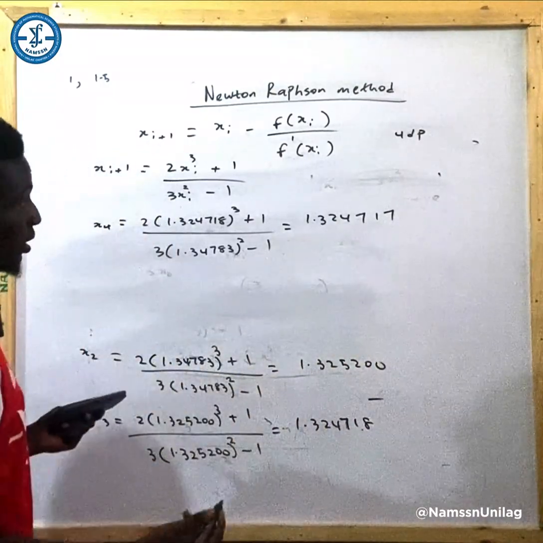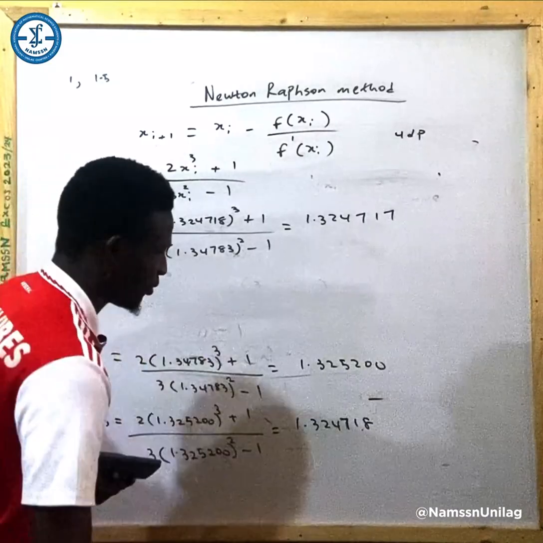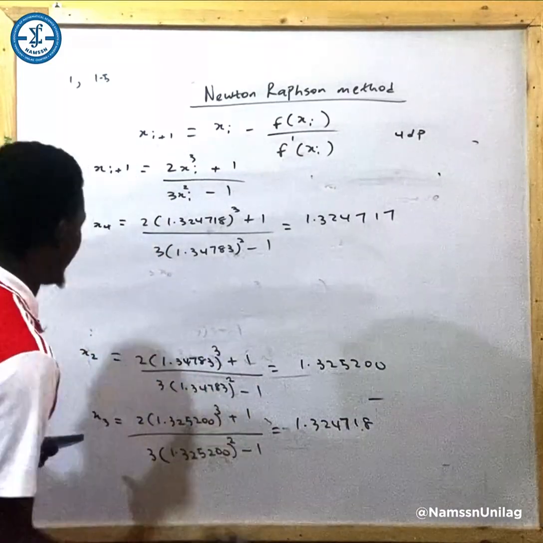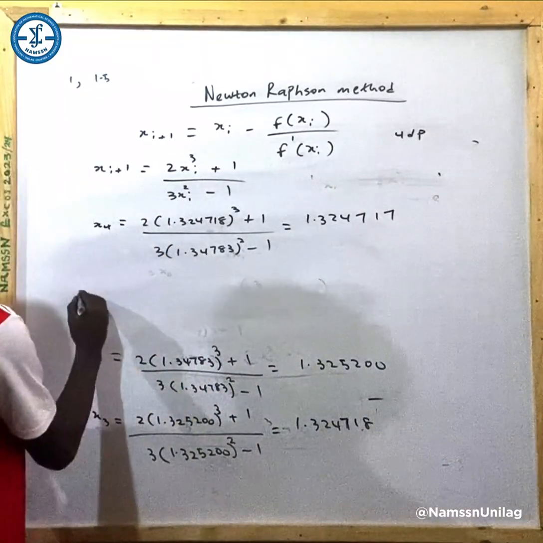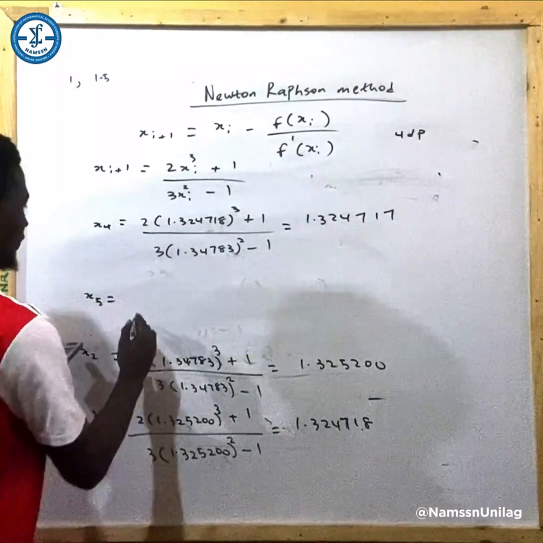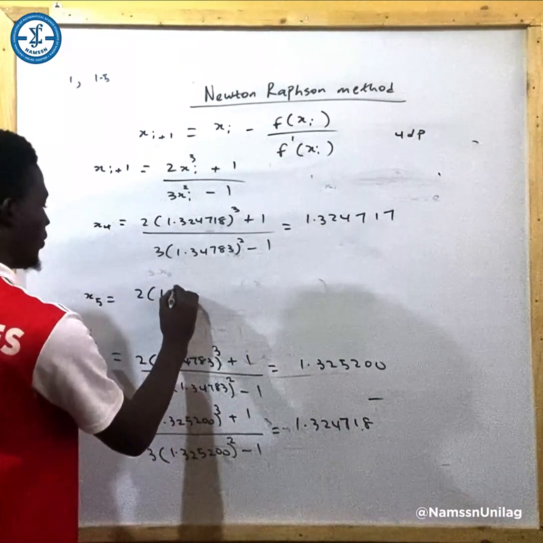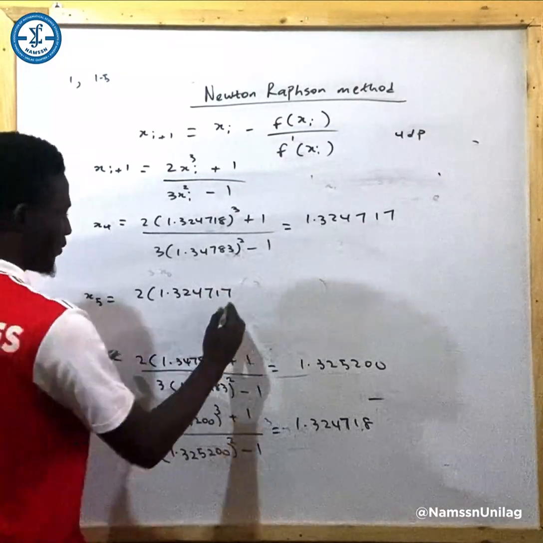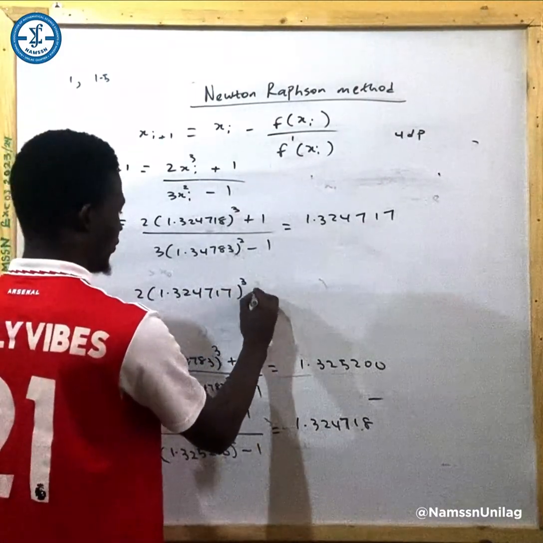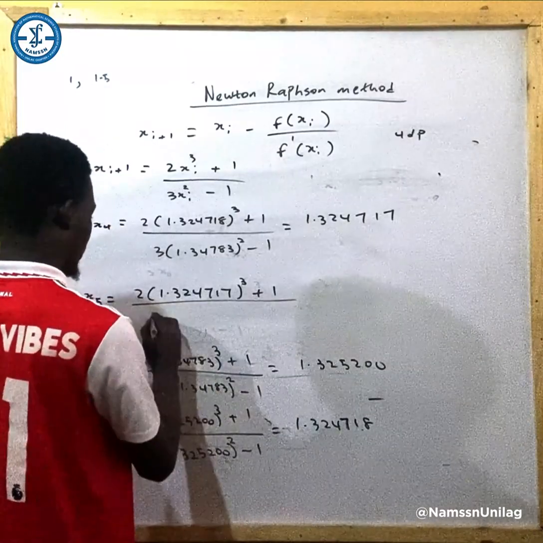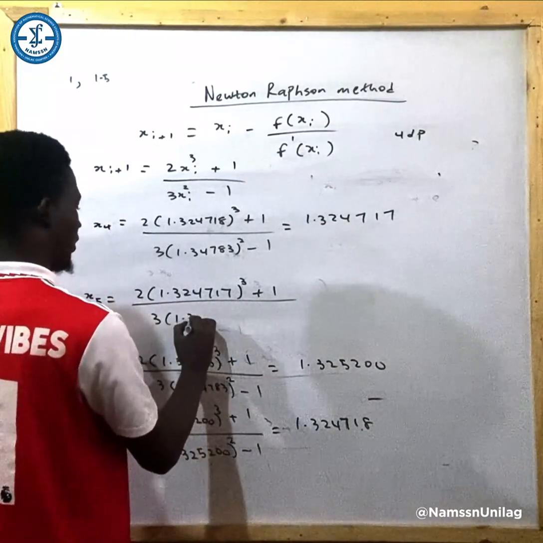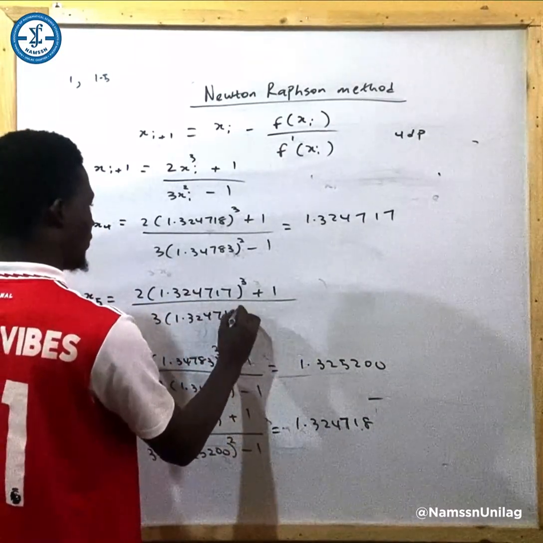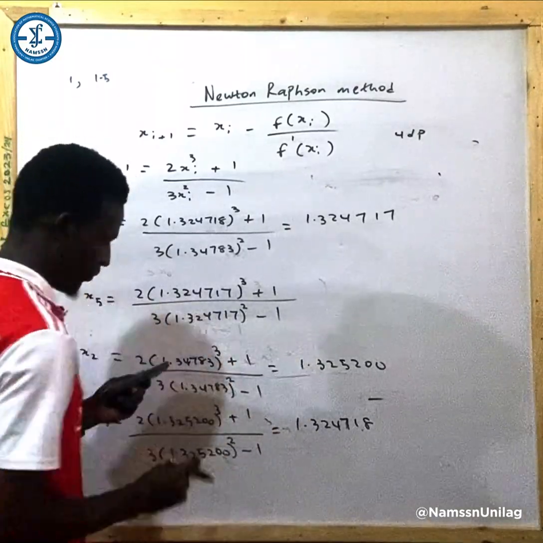Okay, let's do it one more time so that we'll be sure. So for x5, you'd have 2 into bracket 1.32417 cubed plus 1 over 3 into bracket 1.324717 minus 1.